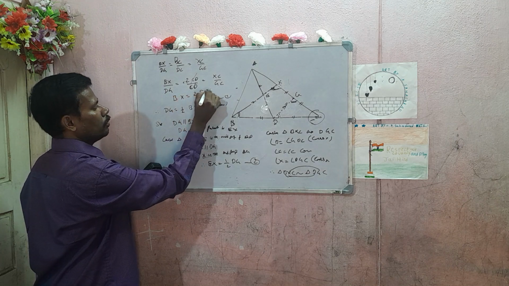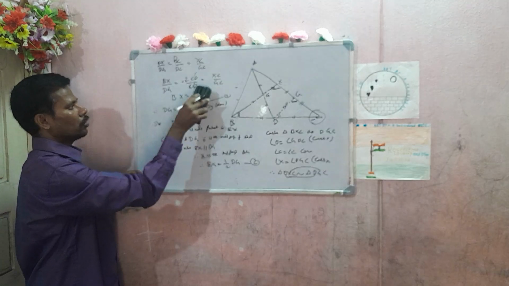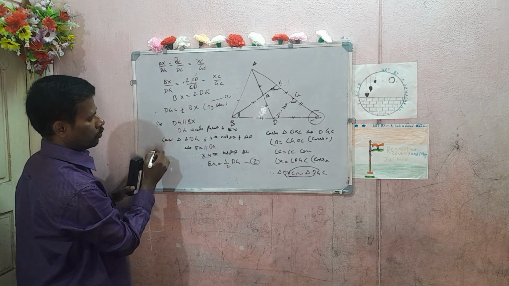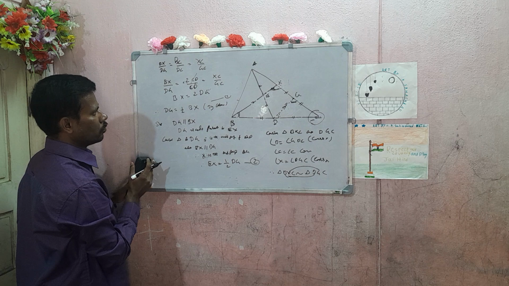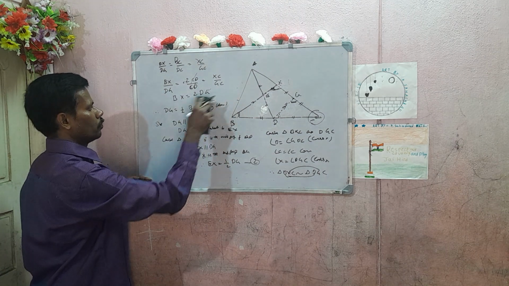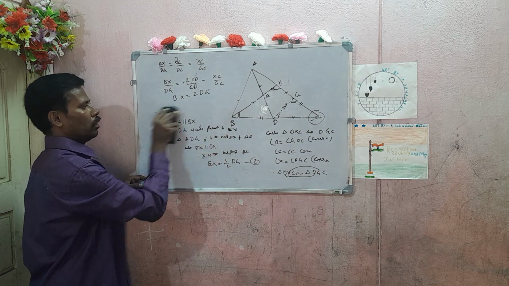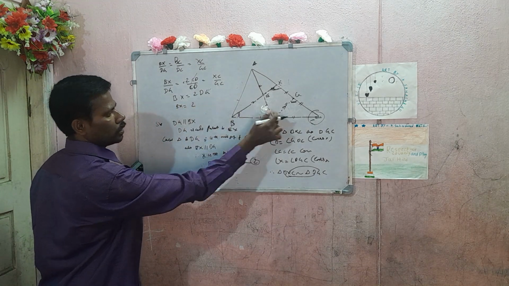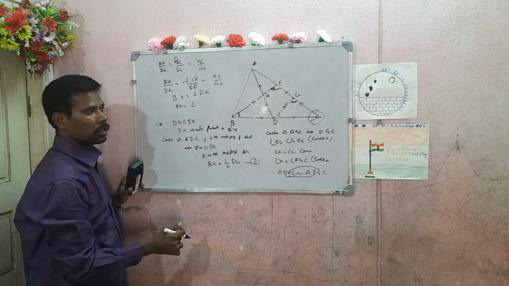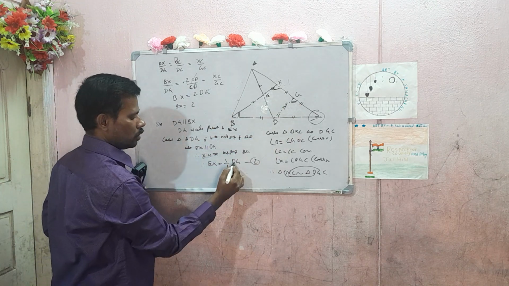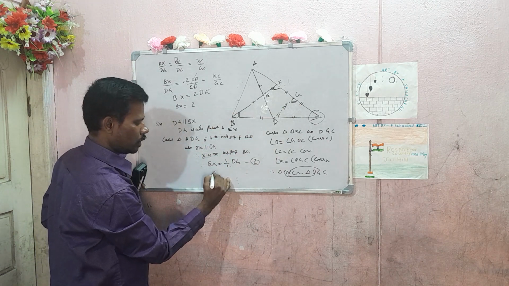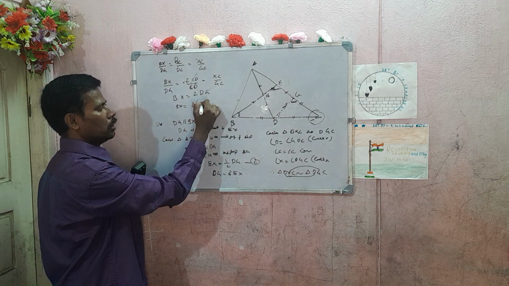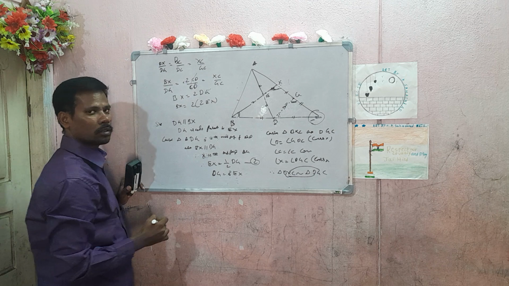BX is equal to 2 times DG. Again, what is the DG length? Cross multiply, DG is equal to 2 times EX. So this DG length is nothing but 2 times EX.